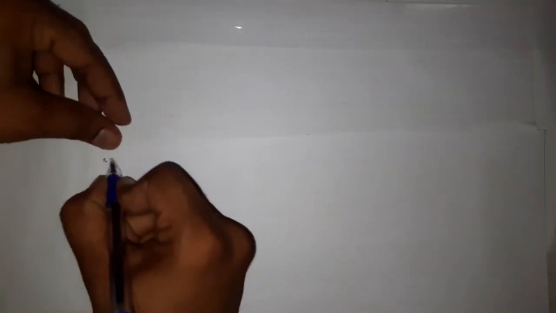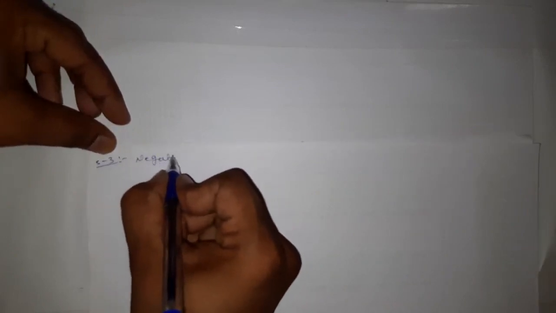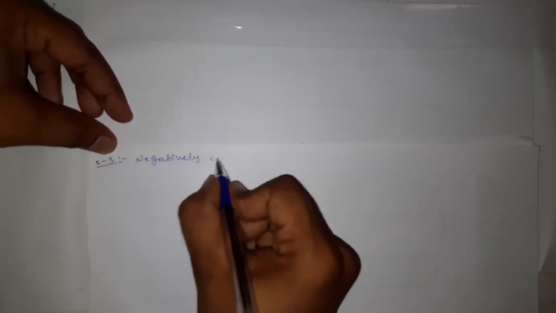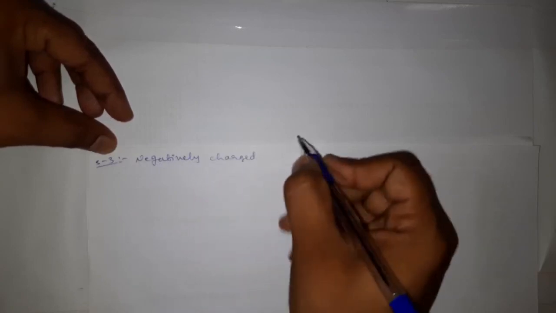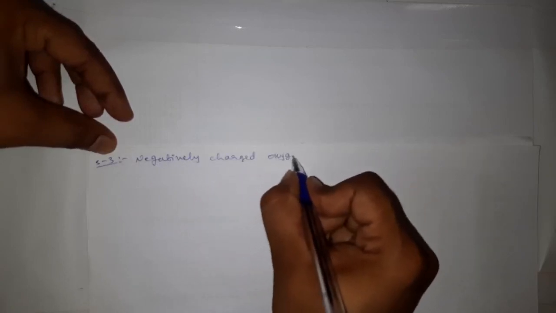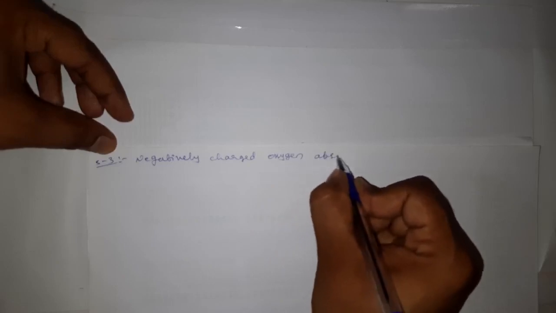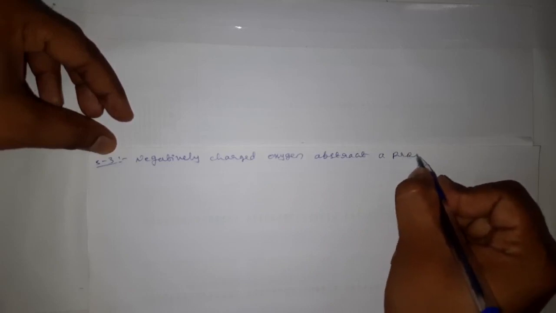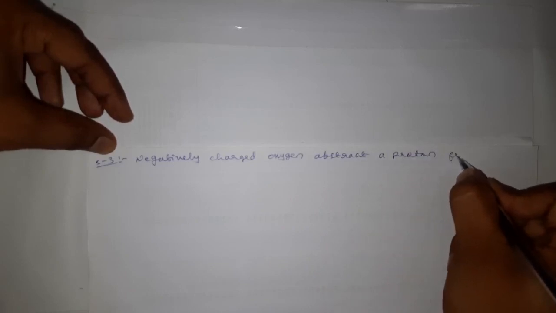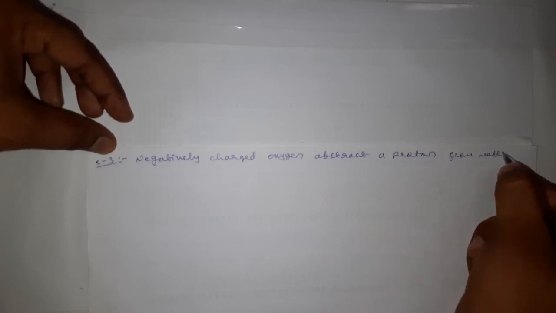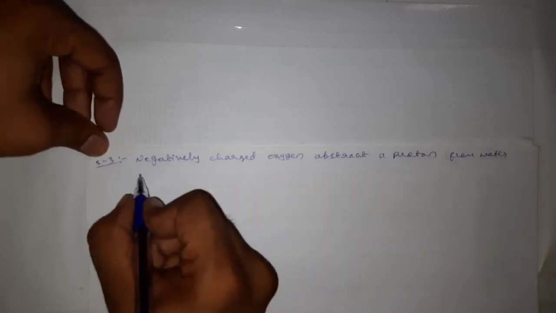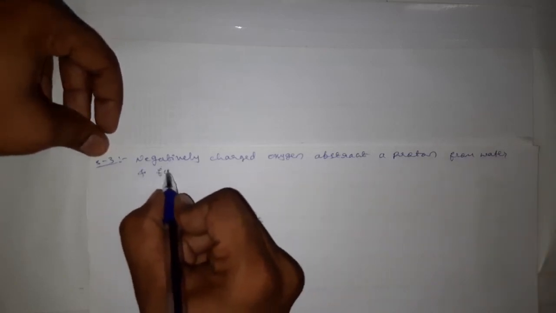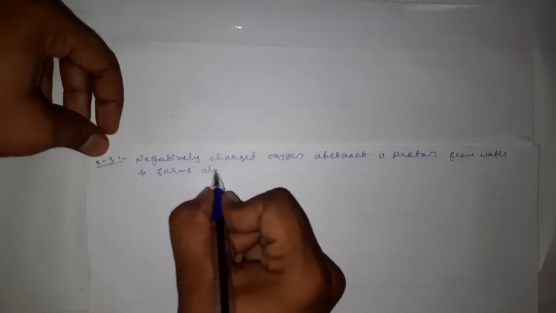And in the next step, that is step number 3, this negatively charged oxygen abstracts a proton from water, which is liberated in the first step, and forms aldol.